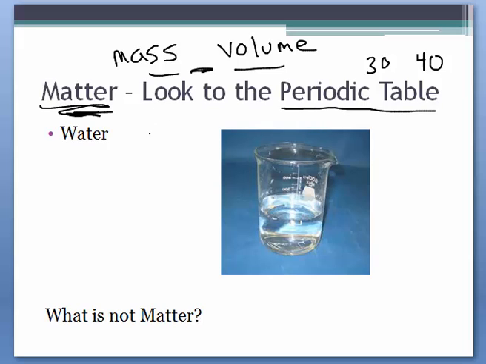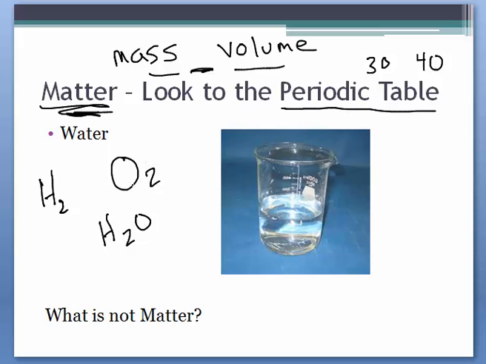So, when I'm talking about matter in class or on these vodcasts, what I'm referring to is those elements on the periodic table, either by themselves, so like hydrogen. Now we'll talk about why hydrogen is always in the form of H2, but that'll be for later, and how these elements come together to form new compounds. For example, when H and O come together, we're going to form H2O. Now, we're going to talk about how this happens.